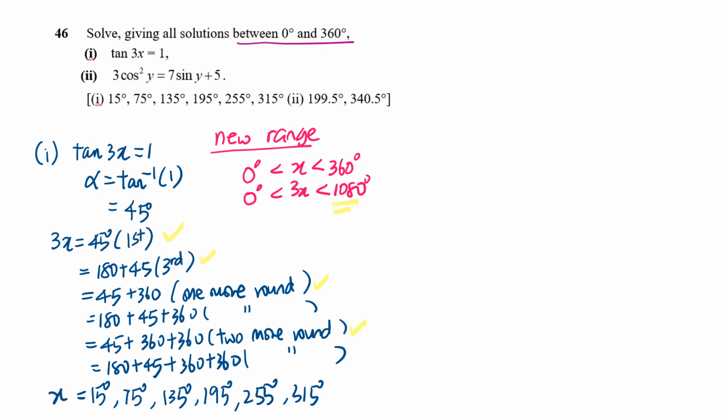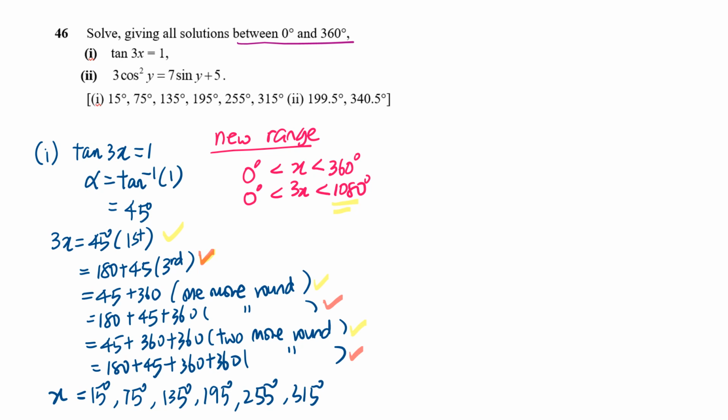Likewise for your answer from the third quadrant: first answer is like that, then you add 1 more round, which is 360, then another 1 more round, which is plus 720. Finally, you divide all your answers by 3. That will give you 15, 75, 135, 195, 255, and 315. So many answers for tangent 3x equals to 1.